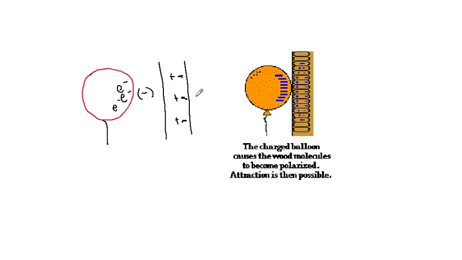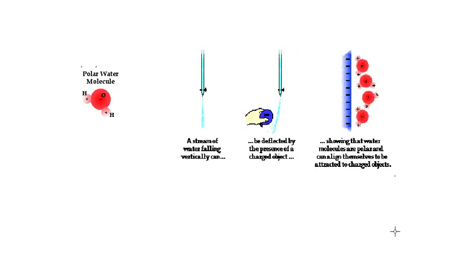But just enough this way, and now the wall is going to take a partial negative and a partial positive side here. And that's how the balloon will actually stick to the wall, because the negative and the positives will attract.